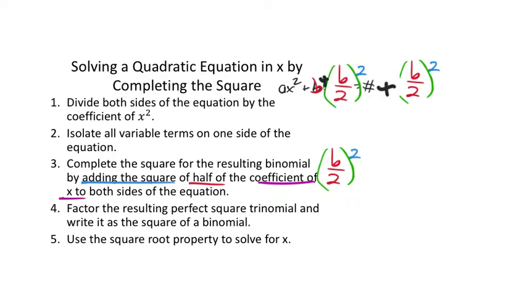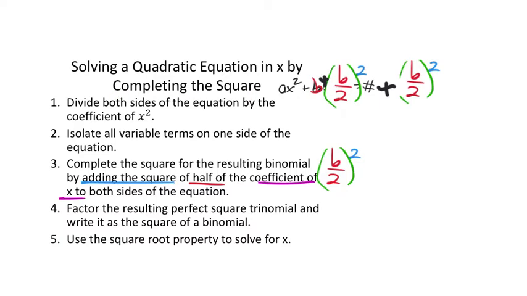Now, once you've taken b divided by 2 and squared it, it automatically will become a perfect square trinomial. That's why it's called completing the square.